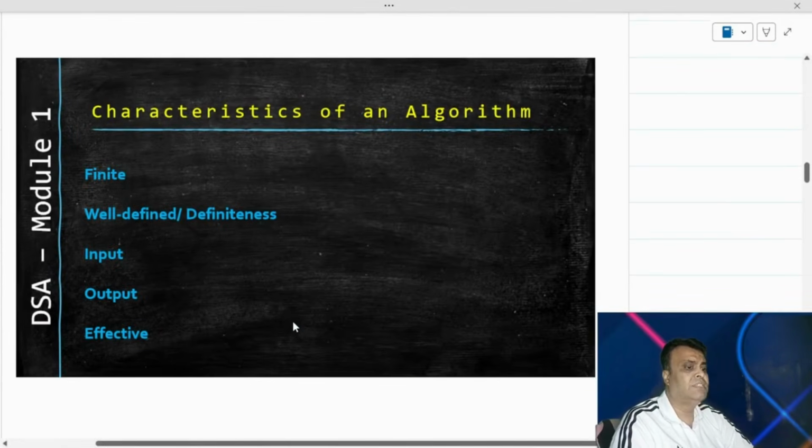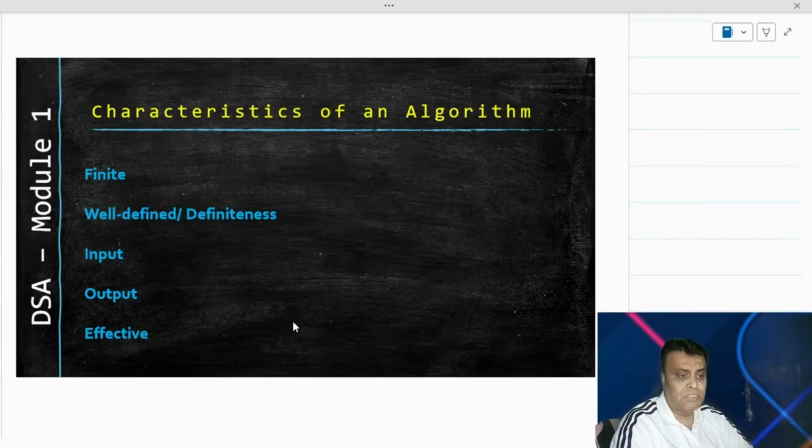Next, what we are trying to cover is the characteristics of an algorithm. Now, characteristics of an algorithm, this question comes many a times in your university papers. So we'll have to understand each and every point and also understand some examples around why this characteristic is important. So for example, you will have the finiteness of an algorithm, which is basically hinting towards a finite number of steps.